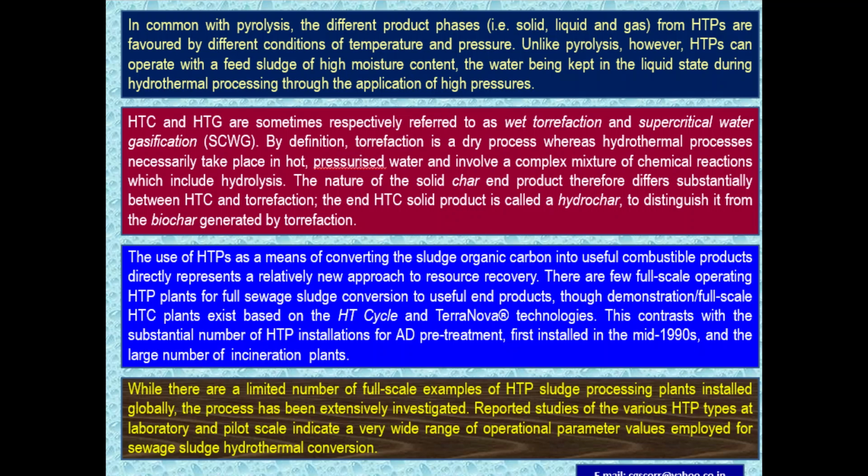The use of hydrothermal processes as a means of converting the sludge organic carbon into useful combustible products directly represents a relatively new approach to resource recovery. There are few full-scale operating hydrothermal plants for full sewage sludge conversion to useful end products, though demonstration, otherwise full-scale, hydrothermal carbonization plants exist based on HTCycle and TerraNova technologies.